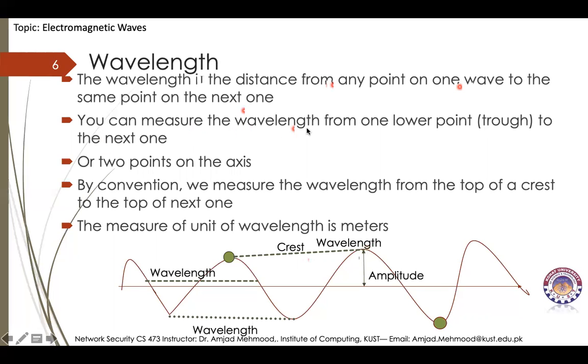You can measure the wavelength from one lower point, trough, to the next lower point. So from one trough to the next we call this a wavelength, or from one point on the axis to the second point on the axis, this is also called wavelength.